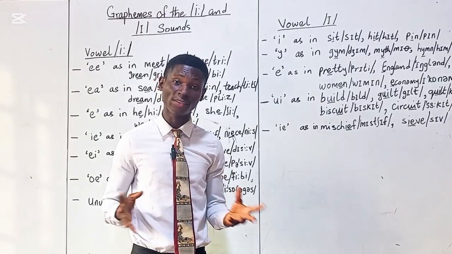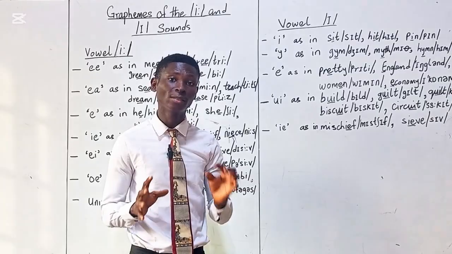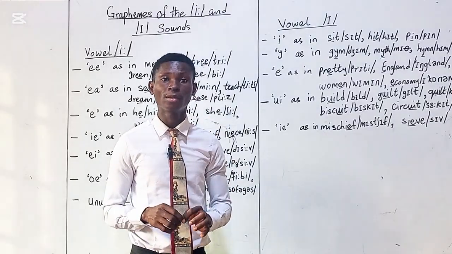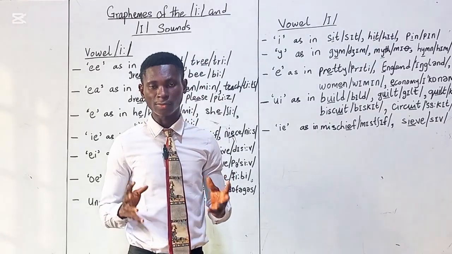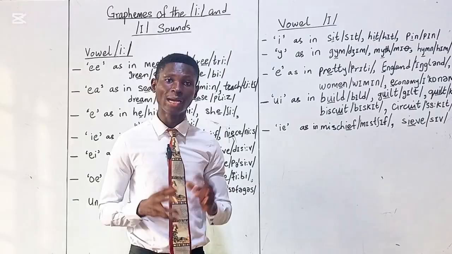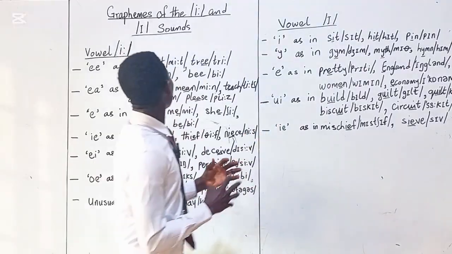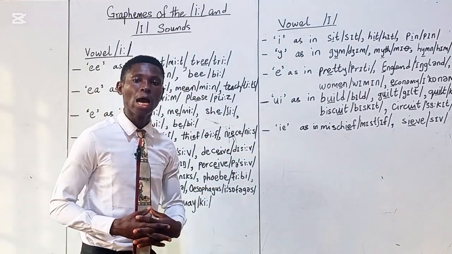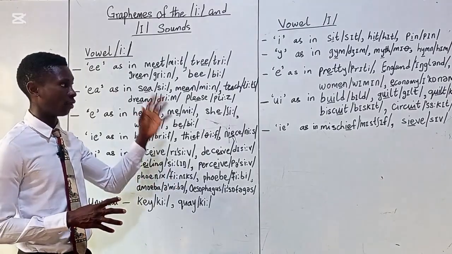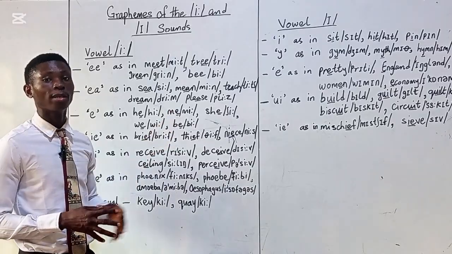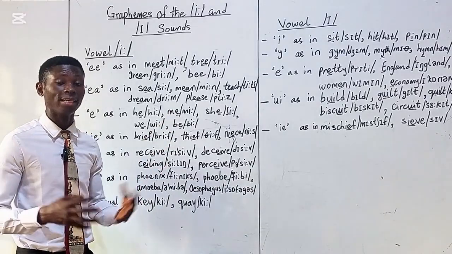Make reference. Whenever you feel confused, ensure you find out. Get the actual phonetic symbol in place of a particular letter you don't know how to articulate or pronounce. Okay, so these are the graphemes of these two phonemes. I would like you to take cognizance of them and employ them when you are pronouncing words.